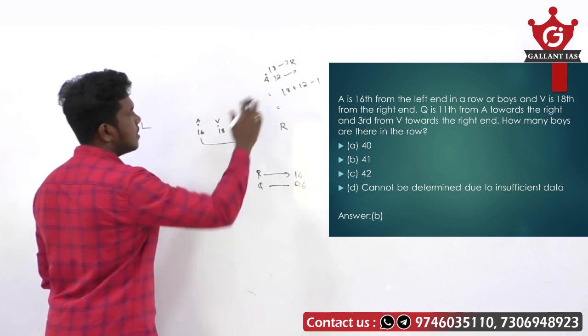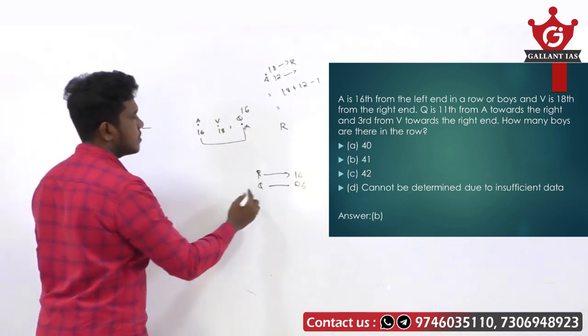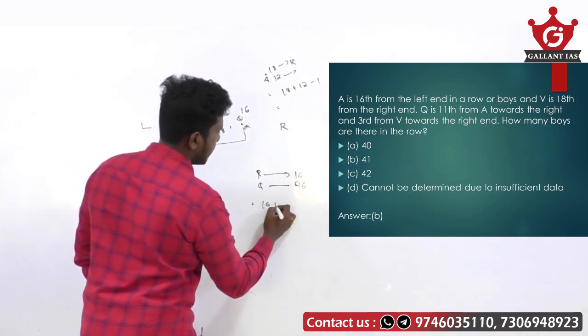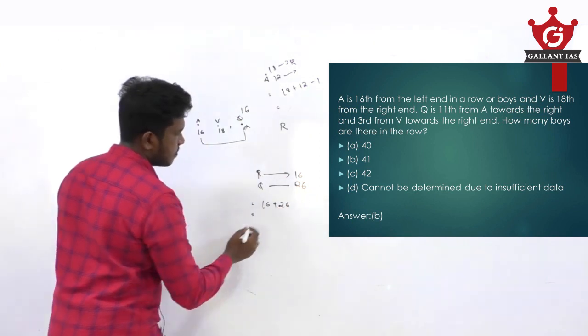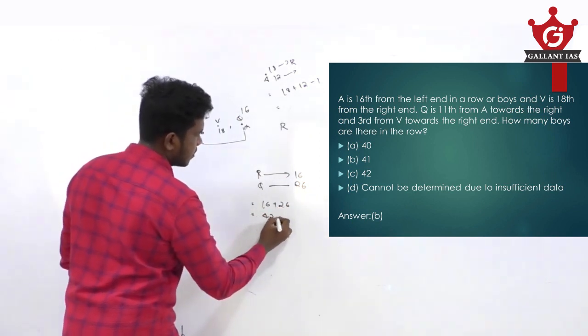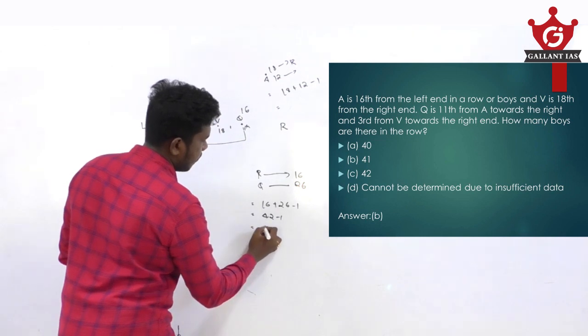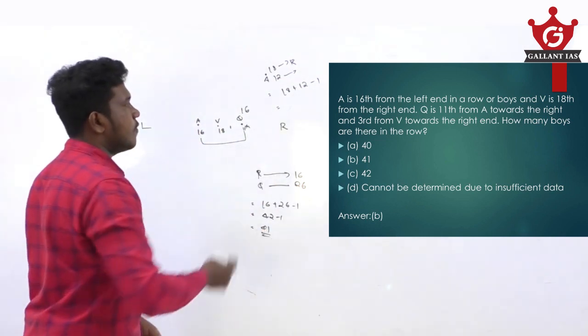We should use that concept here also. 16 plus 26 is 42, right? 42 minus 1, you will be getting 41. So our answer is B, 41.